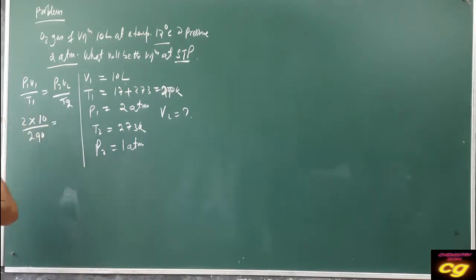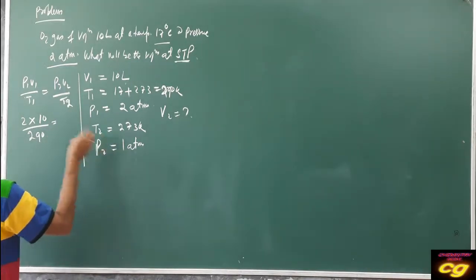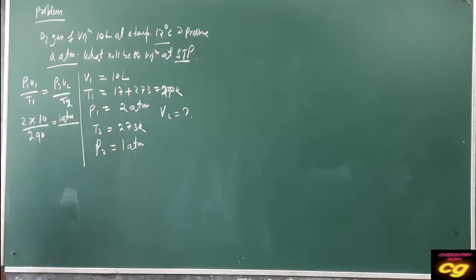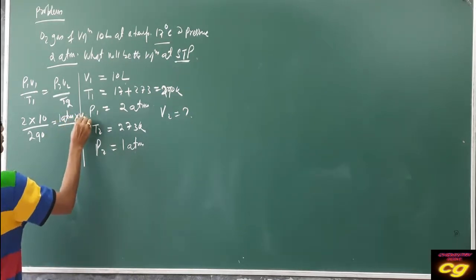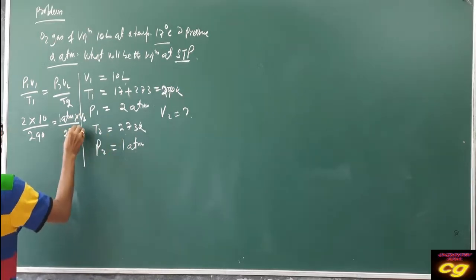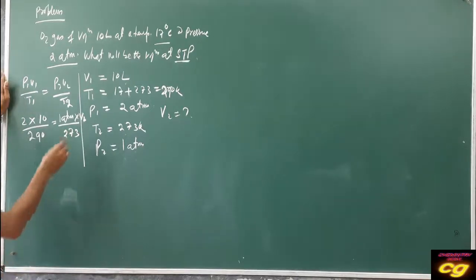And here 290, then P2 as per the code is 1 atm, since STP means 1 atm, V2 is asked, and T2 is already how much? 273. So what is the value of V2?